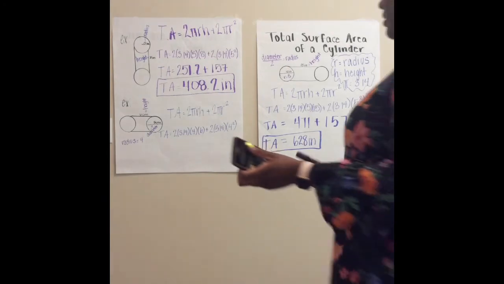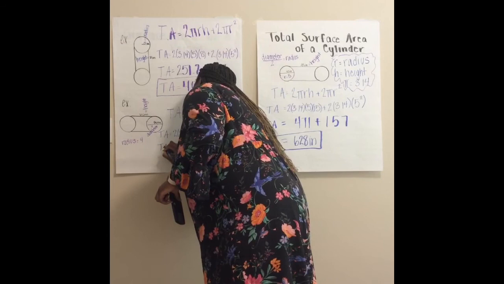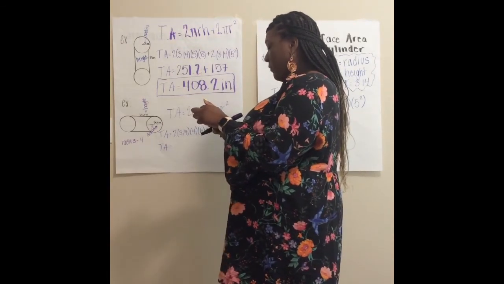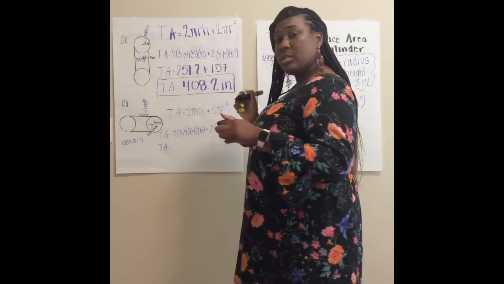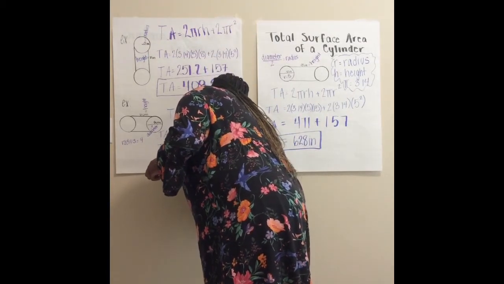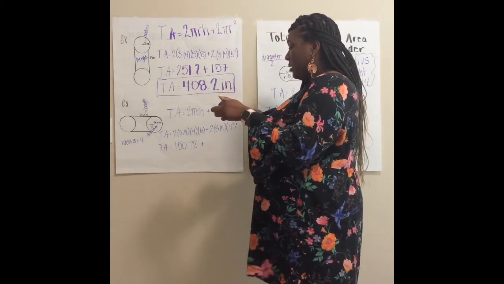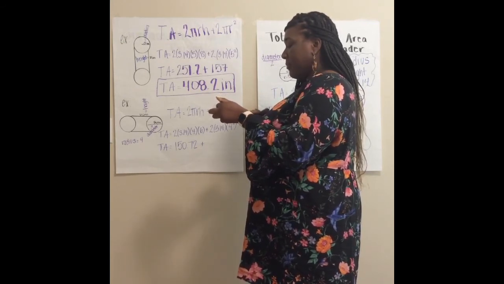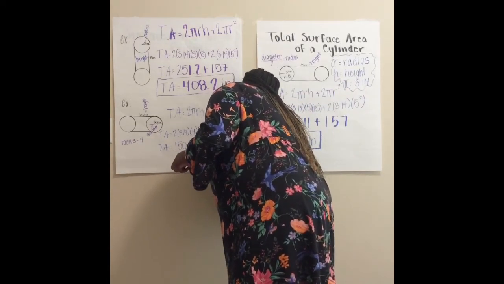Let's get calculating. We have 2 times 3.14 times 4 times 6, which gives us 150.72, plus 2 times 3.14 times 4 squared, which gives us 100.48.